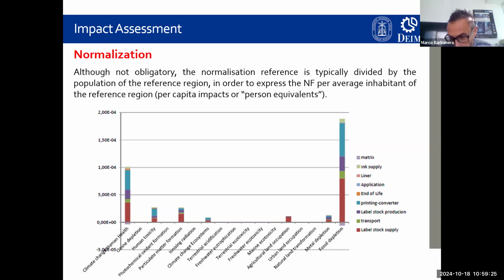So, for example, in this case, the printing converter stage in the life cycle of this product is the main contributor to the environmental burden of the product, as well as, for example, the label stock supply.